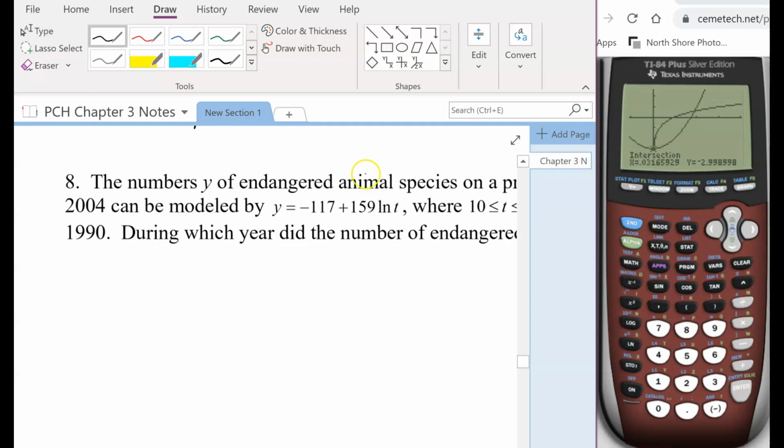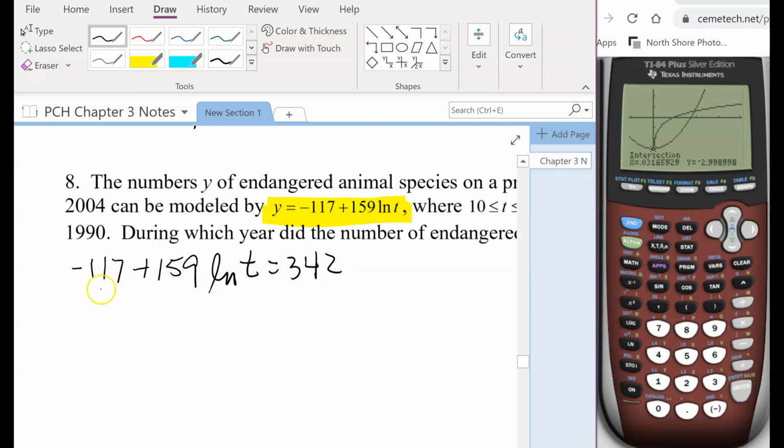So we've got our equation here, and we want to solve for T when Y is equal to 342. So I have -117 plus 159 natural log T is equal to 342.